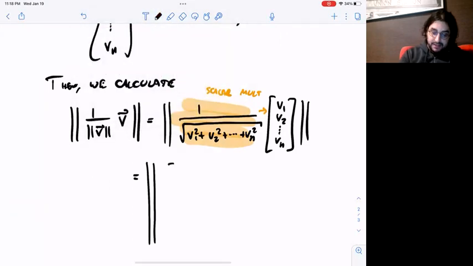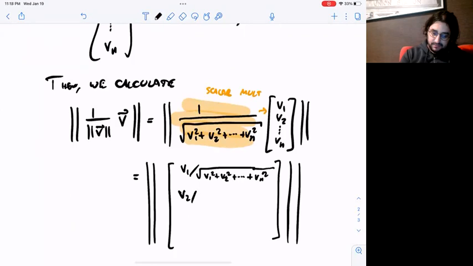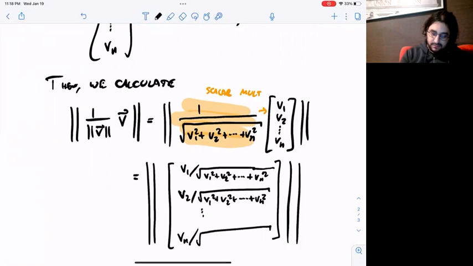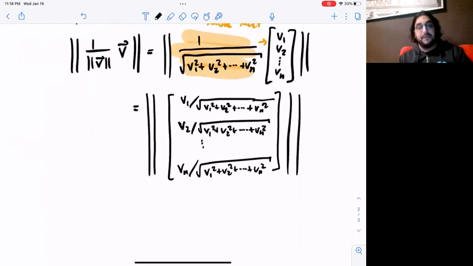You multiply each and every component by that scalar. So take that scalar and multiply it into each and every component of the vector.